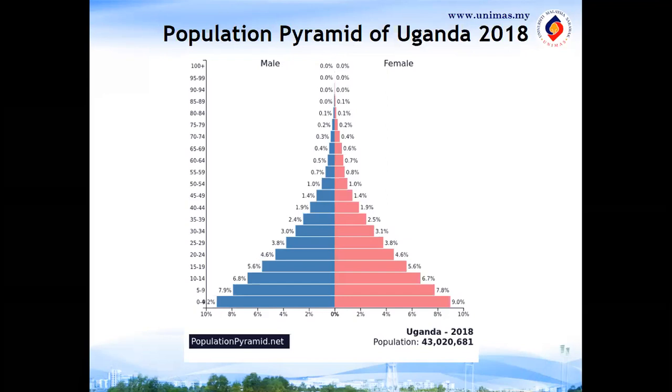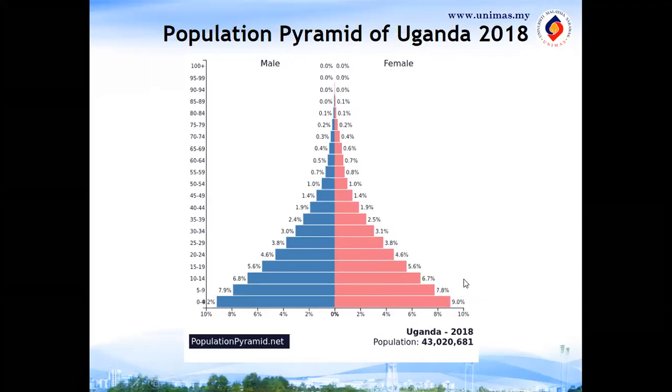Compared to the countries I've shown you earlier, for example in Central America and so on, even Central America is still higher than that. So this is typical of a very poor, backward country. The characteristics are a very high birth rate and also a very high mortality rate.